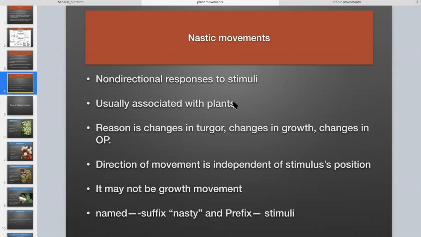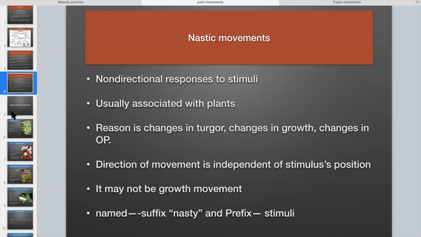For example, photonasty. Photo is a prefix and it indicates the name of the stimulus like sunlight. Nasty is always used as a suffix. Photonasty, thermonasty, like that. So these are the nastic movements.